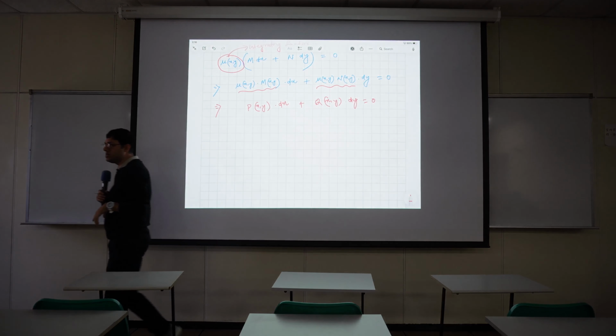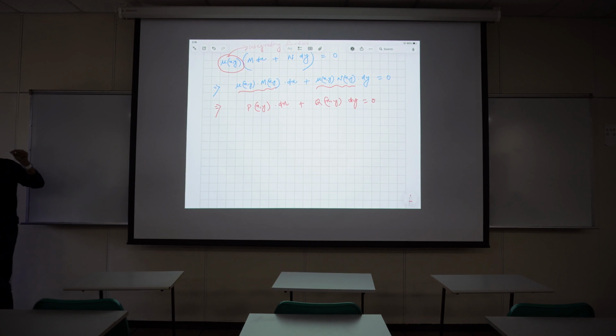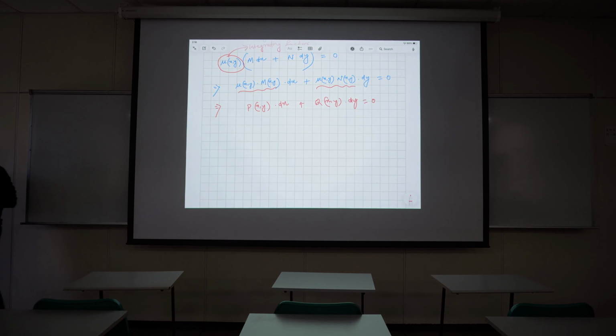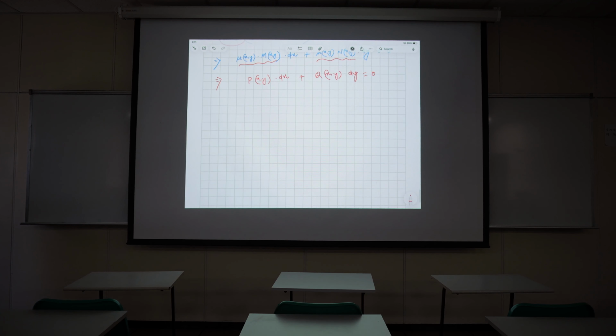Then what should be the condition for this ODE to be an exact ODE? The same condition that we had previously. What was that? dM by dy is equal to dN by dx. So here the condition is that dP by dy is equal to dQ by dx.